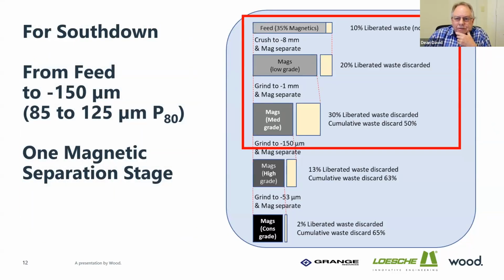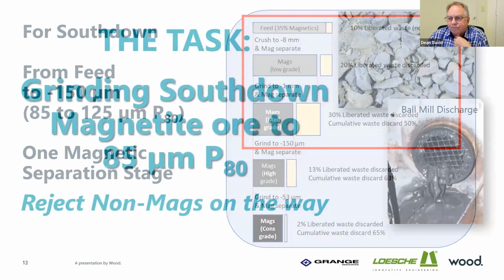So for Southdown, what we're going to look at here is taking the ore from feed size to about minus 150 microns, which gives you something in the range of 85 to 125 micron P80. And we're going to look to do that with a single separation stage. And that is what we did in the pilot plant for the SAG mill or AG mill circuit and ball mill circuit.